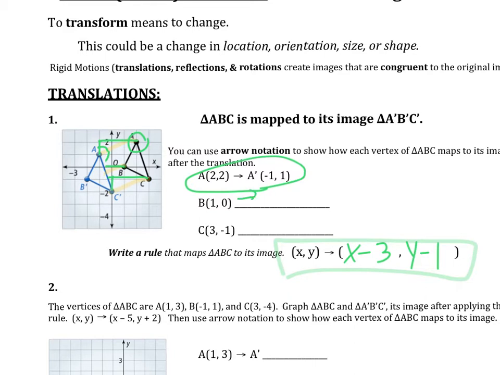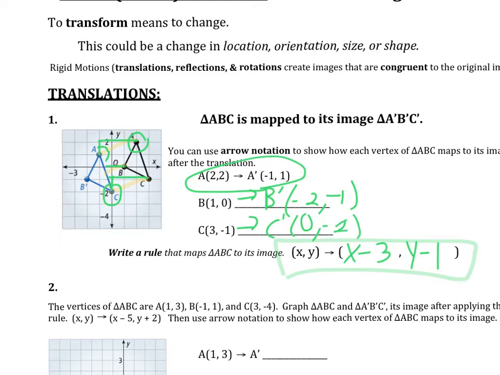So we'd say B goes to B prime, negative 2, negative 1. And C starts at 3, negative 1, and it ends up right here on the y-axis at 0, negative 2. So we'd say C goes to C prime 0, negative 2.